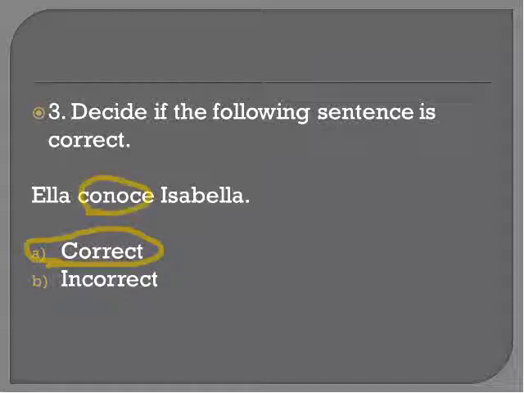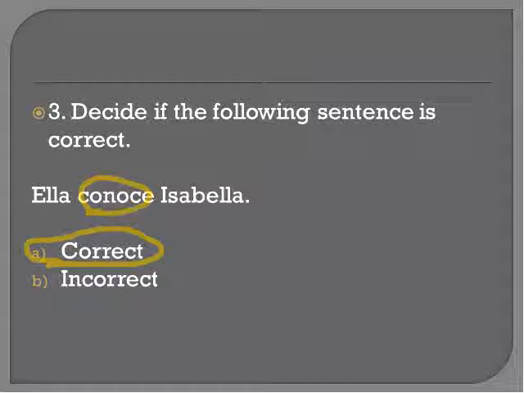You're going to use conocer when you know a person or a place. You're familiar with them. Good? Will there be questions on the test where you know conocer is for a person, but the pronoun in front of it is not correct? There'll be questions like that, right? You have to pay attention to the pronoun. Yeah, you do. You can say yo and then do conocer, but that's not correct.